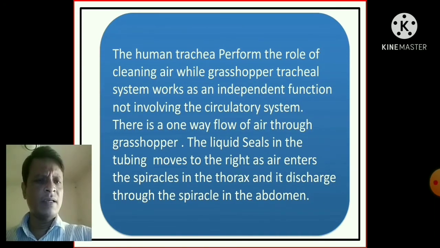The human trachea performs the role of cleaning air, while the grasshopper tracheal system works with independent functions, not involving the circulatory system. There is a one-way flow of air through the grasshopper. The liquid seal in the tubing moves to the right as air enters the spiracle in the thorax and it discharges through the spiracle in the abdomen.